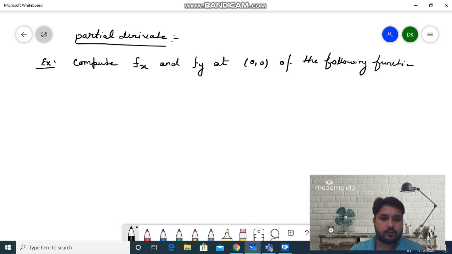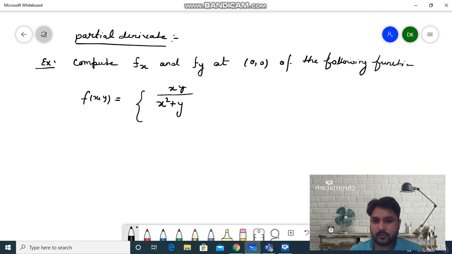The function is defined like this: f(x, y) is equal to xy upon x square plus y square when (x, y) is not equal to (0, 0), and its value is equal to 0 when (x, y) is equal to (0, 0).